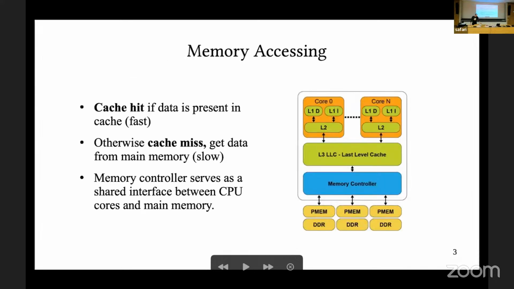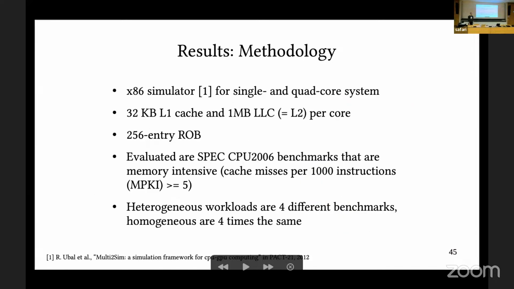Yeah, so let's get to the results. How are these results measured? We use an x86 simulator for single and quad core systems, so there are simulations for both. Obviously, there's a lot more in the paper. For us, interesting are maybe the L1 cache of 32 kilobytes, and L2, which is actually the last level cache, at 1 megabyte per core.